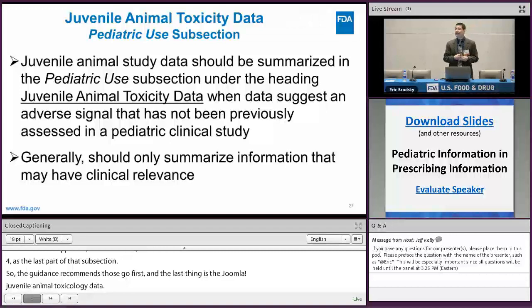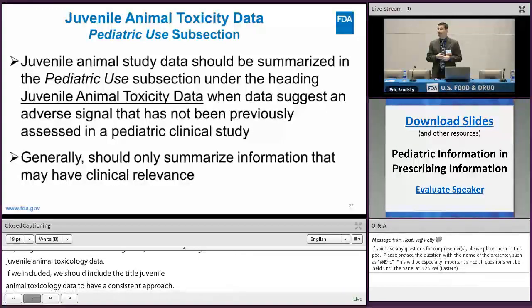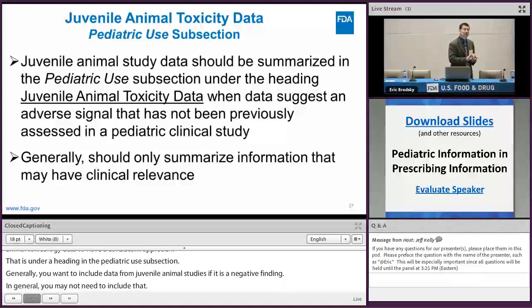So generally, you want to include data from juvenile animal studies if it's a negative finding. In general, you may not need to include that. However, if you have important information about something that wasn't seen or not studied in pediatric patients, for example, additional information about growth or long-term use that's not studied, that's certainly something that you would want to include in subsection 8.4.